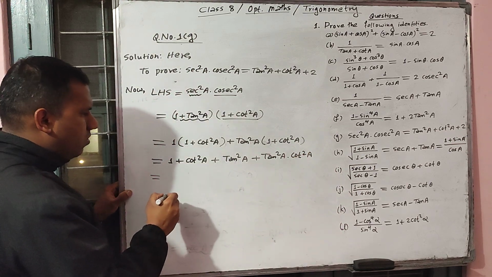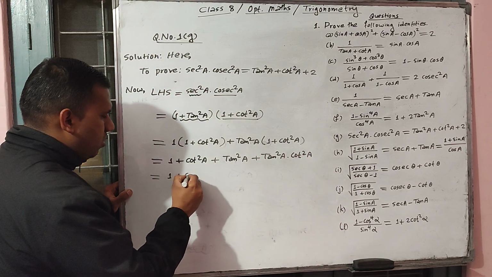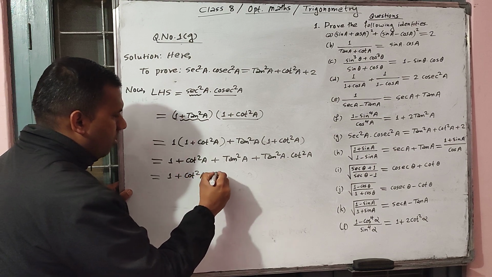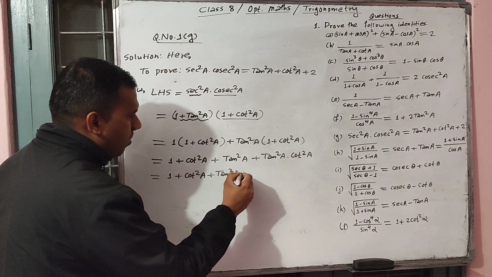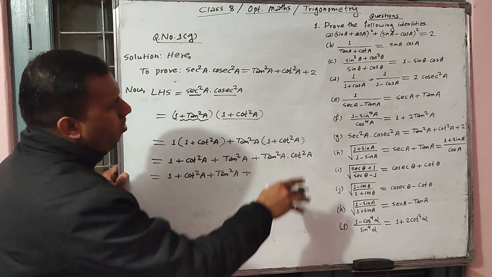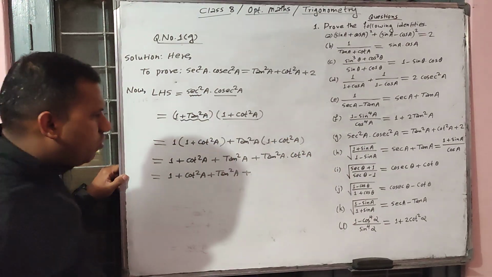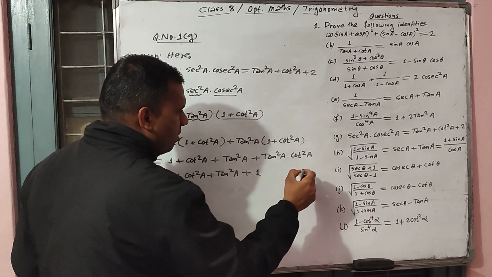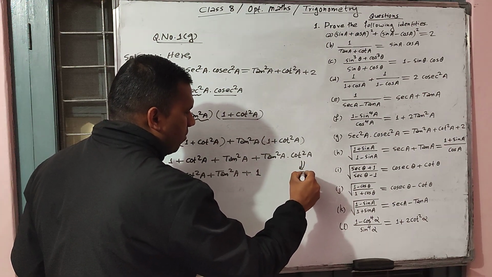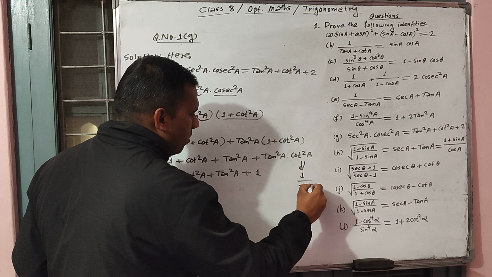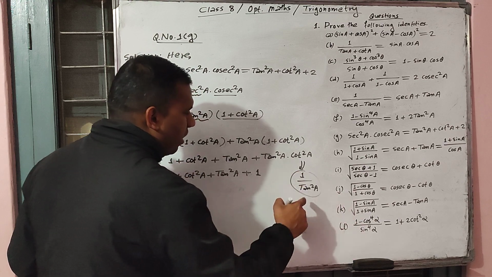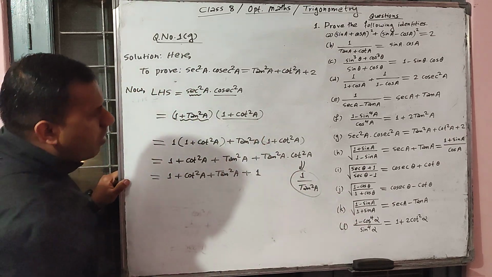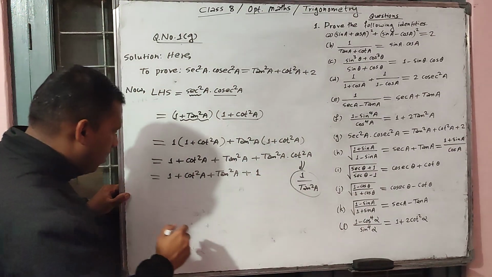This is equal to 1 plus cot square A plus tan square A plus, tan and cot are reciprocals of each other. So tan square A dot cot square A is equal to 1, since cot square A is equal to 1 upon tan square A. So tan square cancels. So we can write this equal to 1.